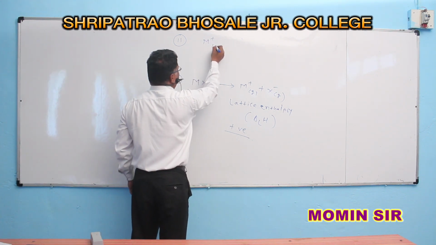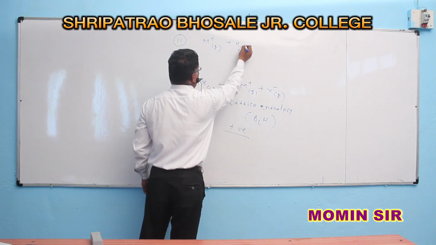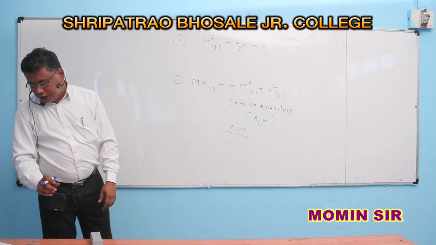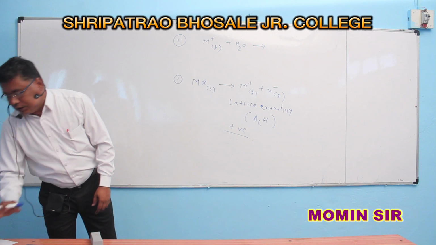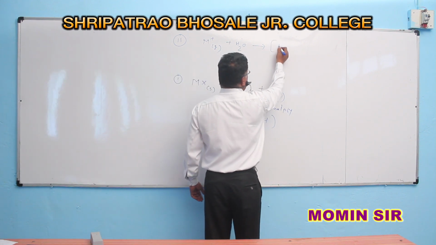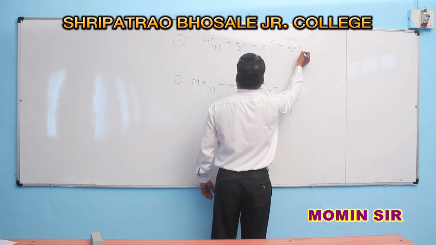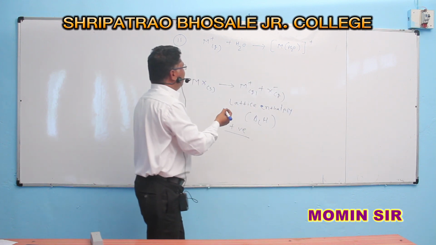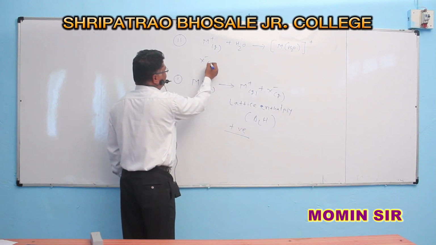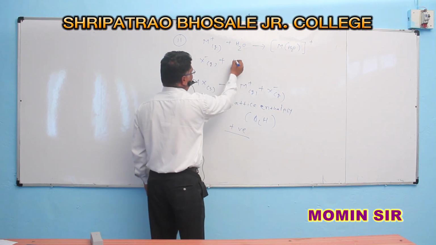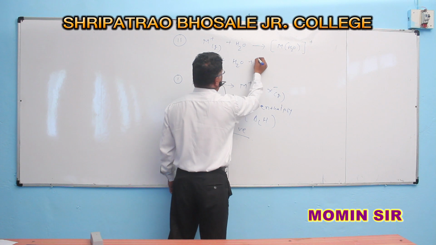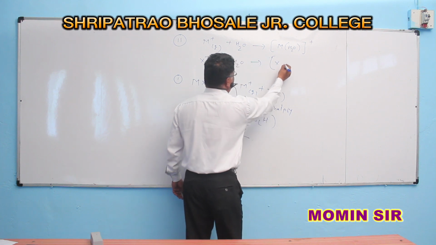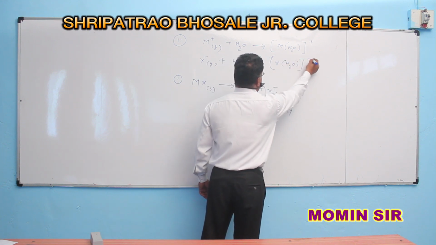So M plus gaseous plus H2O gives M(H2O) plus, and X minus gaseous plus H2O gives X(H2O) minus.